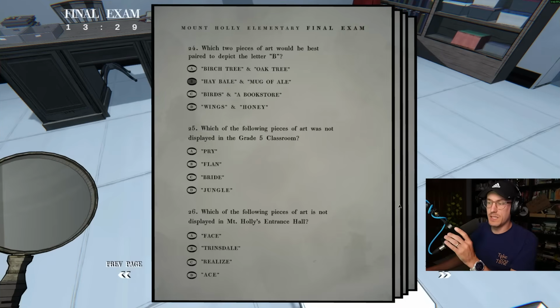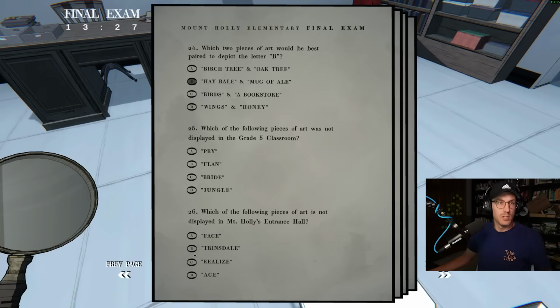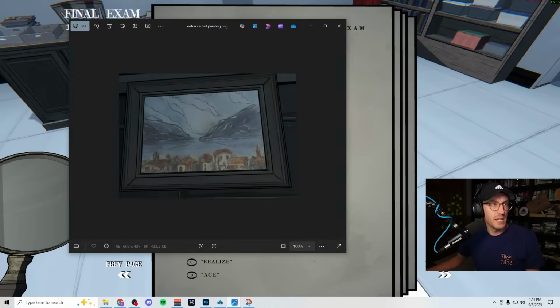I think it must be C, because in the entrance hall there is a face and there is an ace. There is also a picture of a location. I don't know that it's Trinsdale, but it's this.